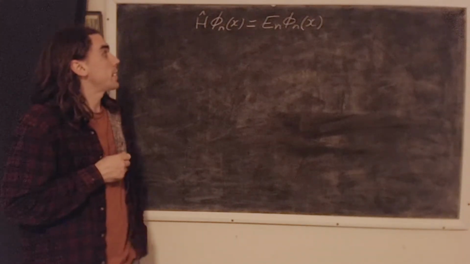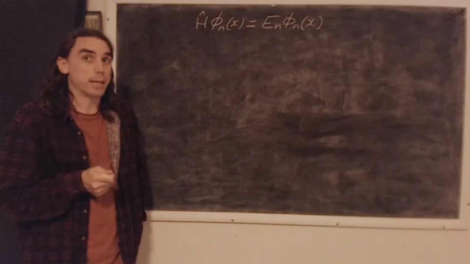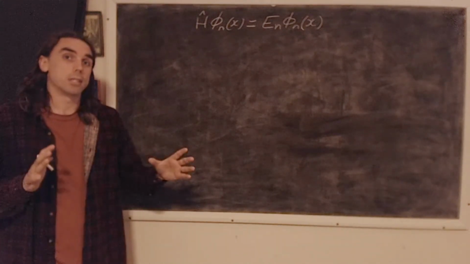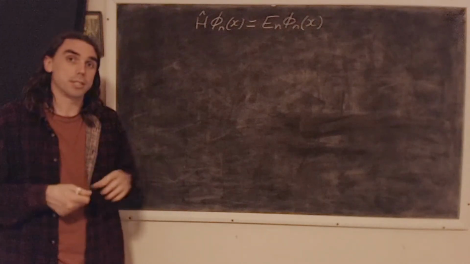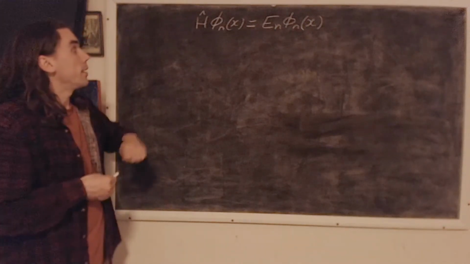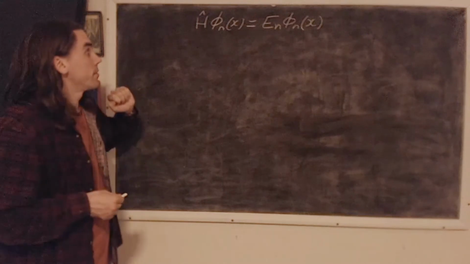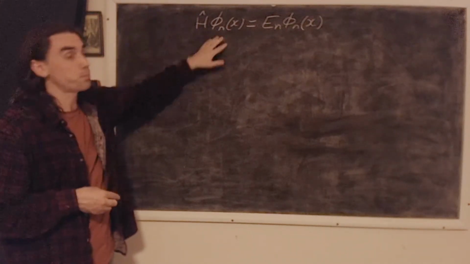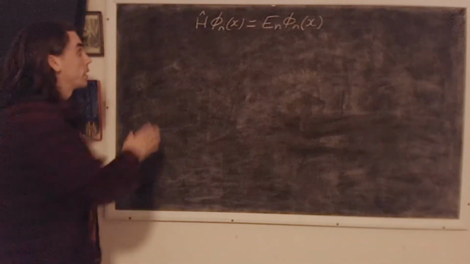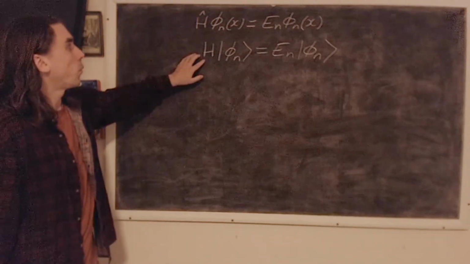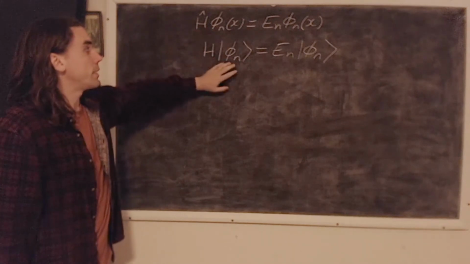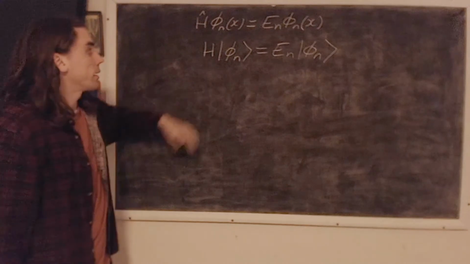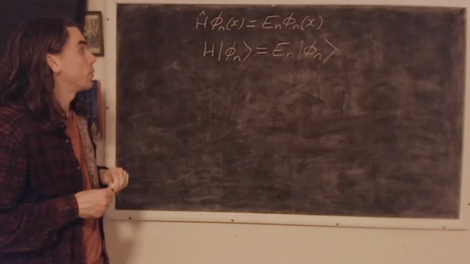If we consider instead finite dimensional Hilbert spaces, so remember a Hilbert space is a complex linear vector space with an inner product and normalizable states, rather than an infinite dimensional one, which we've been effectively working with when dealing with functions, we can just write the following, where our function has been rewritten as a ket or a vector because we're now dealing with some capital N dimensional Hilbert space, which is finite.